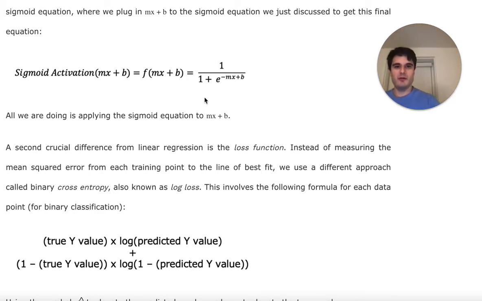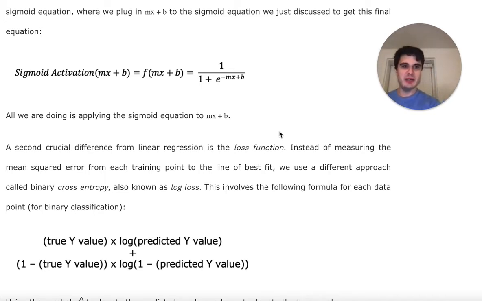But all of that is constant, and it's really the m and the b that are the parameters, with x being the input value, just like with linear regression. So this is really not too far of a stretch from linear regression.